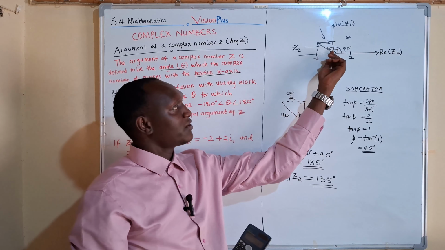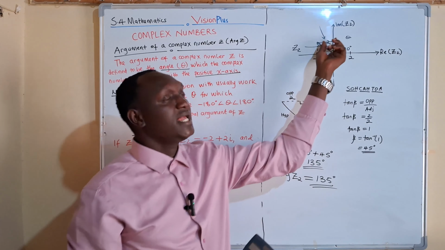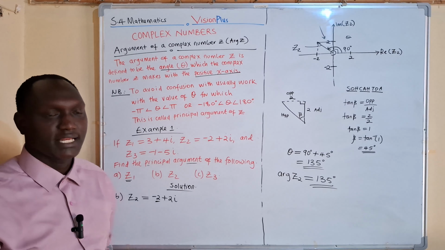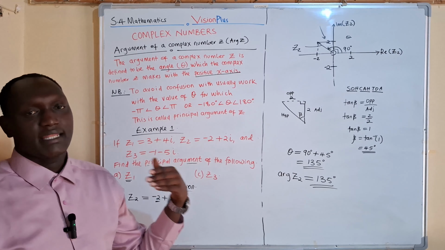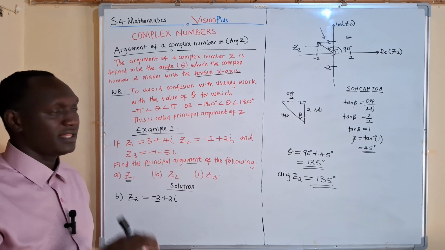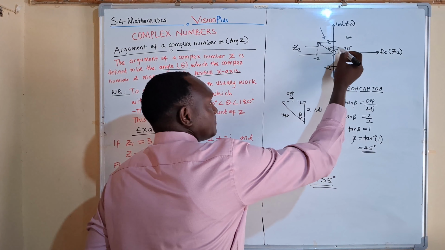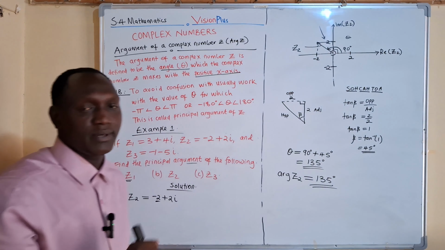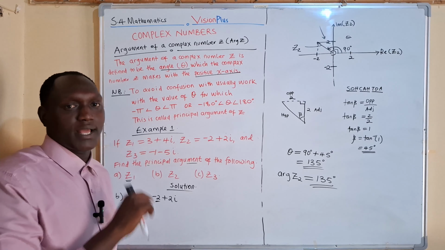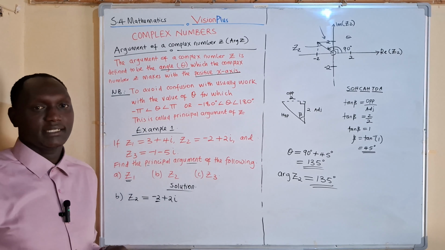So after getting this angle below, you take it away from 90, and it will leave you with the angle above, and that will still give you 45. Then you add that 45 to 90 degrees so that you get the angle which the complex number makes with the positive x-axis. In the end, the argument should be measured from the positive x-axis up to where the complex number is. So this is the answer, and it is correct.